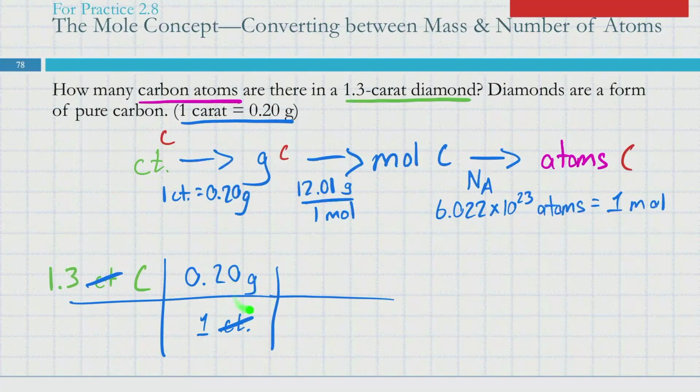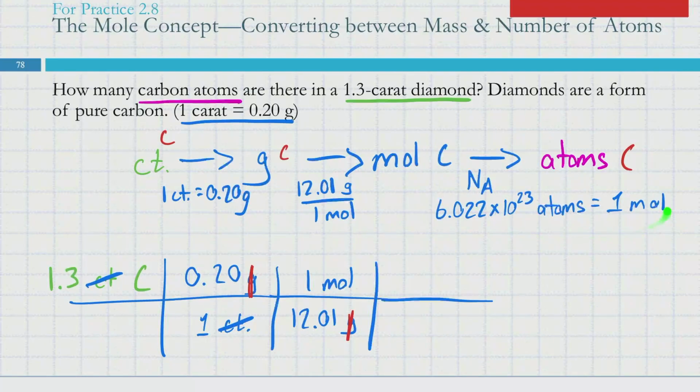We've got units of grams. How do we need to use our molar mass to get rid of the grams? Do we multiply or divide? If we multiply, we're putting it in like it's written. We're going to divide so that the grams go on the bottom. So our grams cancel.